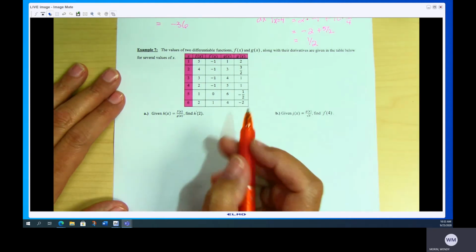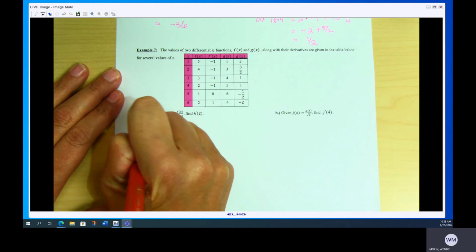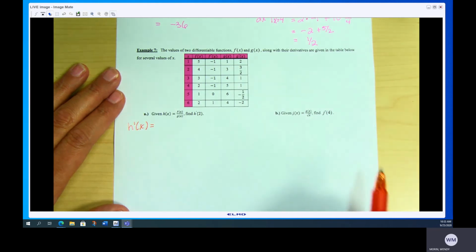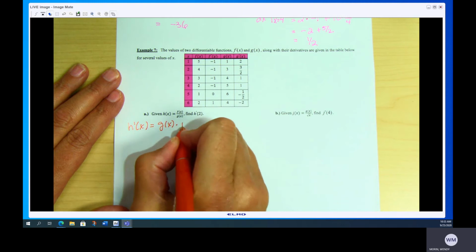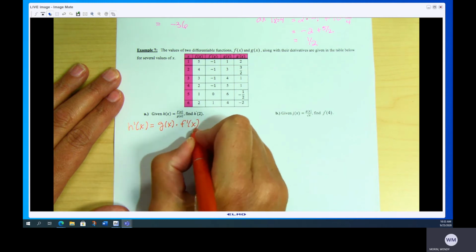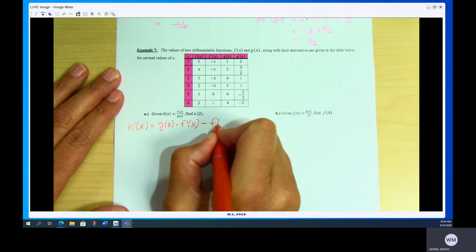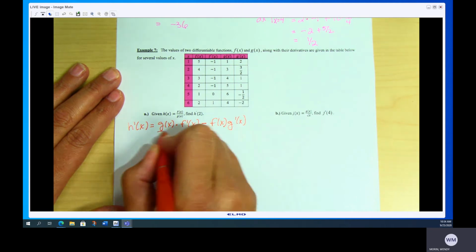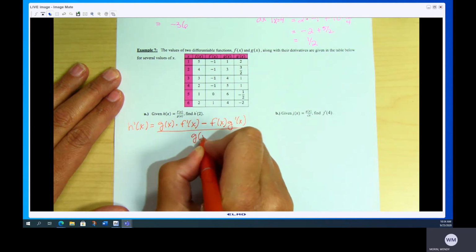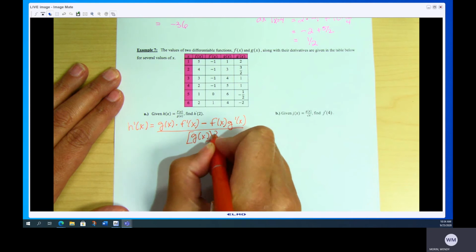All right, checking your answer. H prime of x equals the bottom times the derivative of the top minus the top times the derivative of the bottom all over the bottom squared.